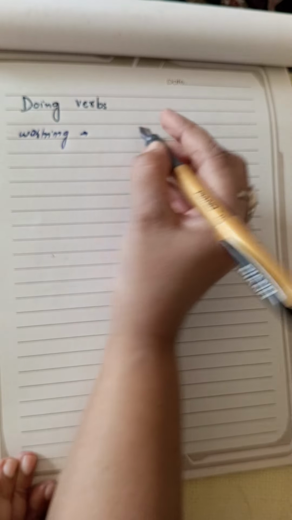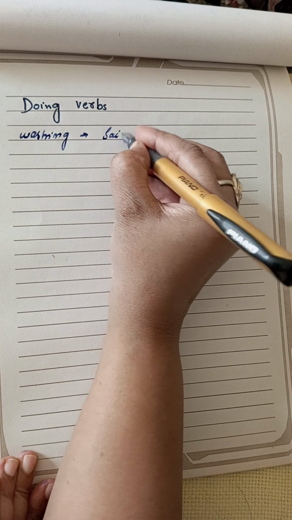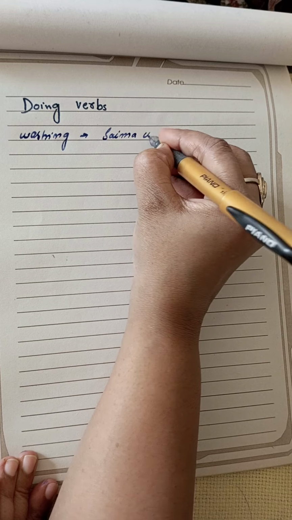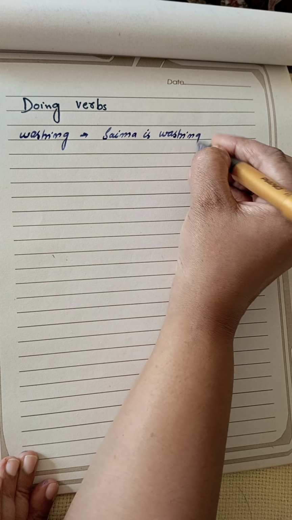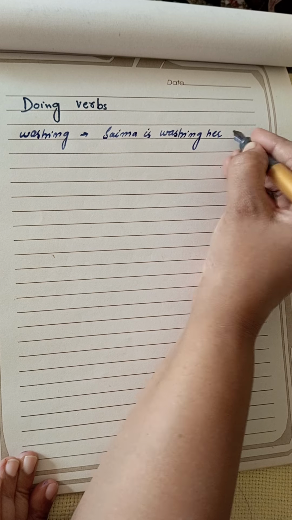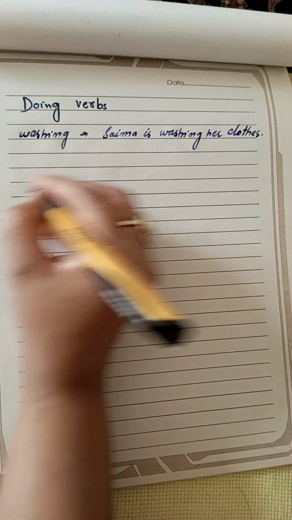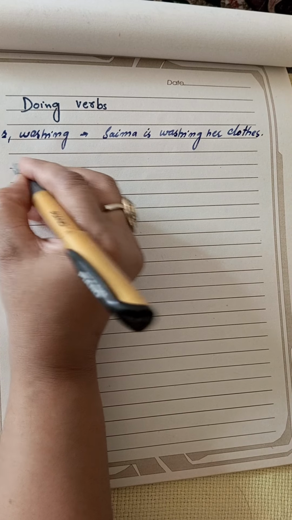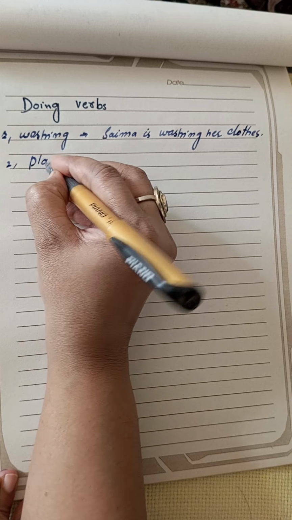Okay, in the sentence, how we can use it: Saima is washing her clothes. Number 2, play.